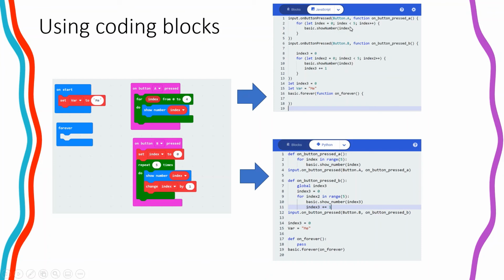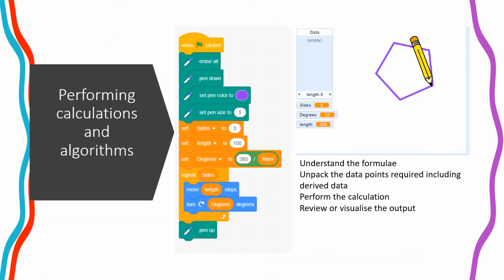And then as you become more senior, you will start to translate it into one of 2 programming languages, which is either JavaScript or Python, which is also utilized at university and within industry. Now, another example, utilizing coding blocks using Scratch.